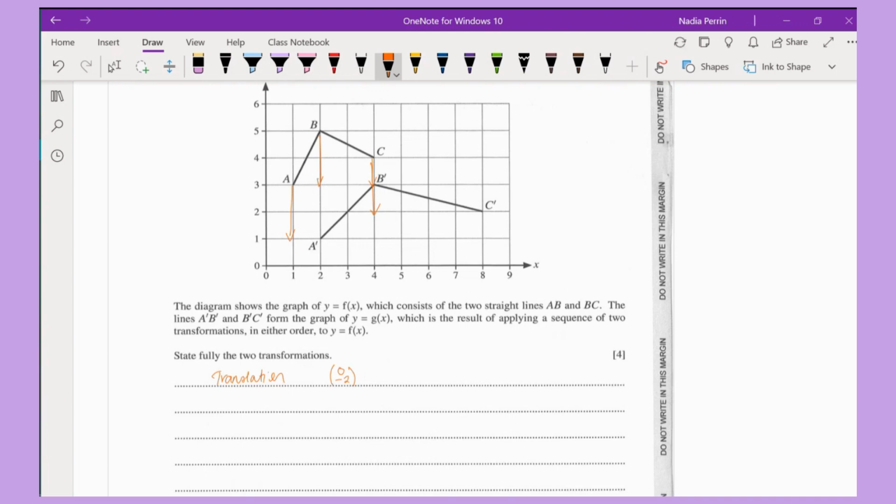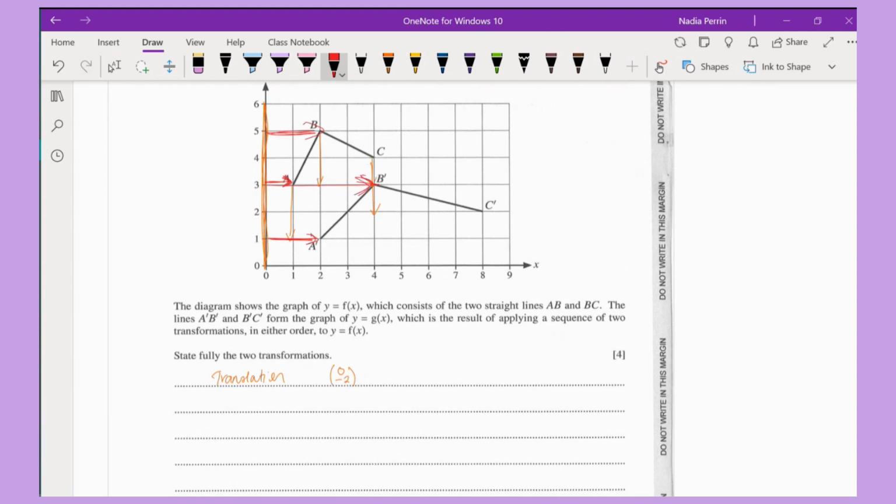So if you can think of the y-axis as like the invariant point and you're pulling away from it, everything has moved away from it. At the moment, A is 1 away from the y-axis and now it's 2 away. This one was 2 away, it's now become 4 away.